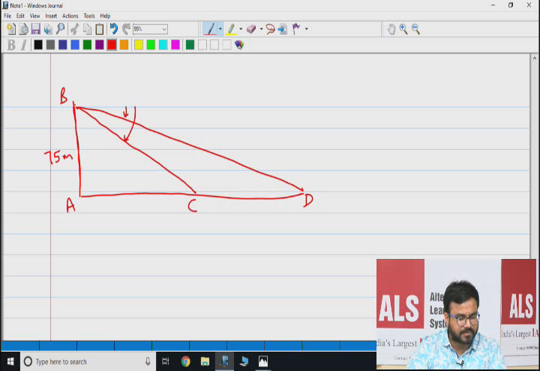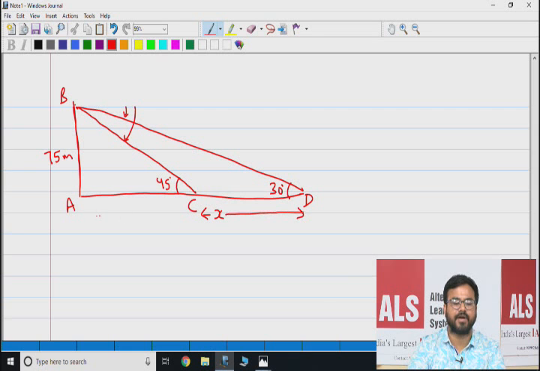So this is 30 degree and this angle is 45 degree. Since the larger angle of depression is 45 and that was 30. So these are the two ships. We have to figure out the distance between two ships. It means this distance, this x, CD we have to find. And let's say this is y.